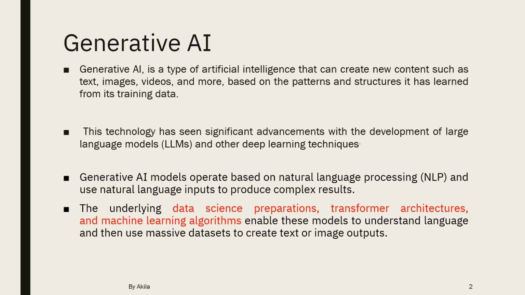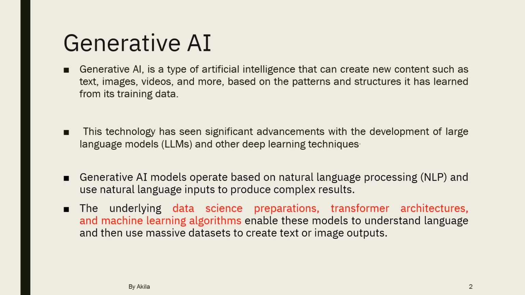In the same way, there is an opposite: the small language model, which is focused on specific tasks with less data. So SLM is there, LLM is there, which uses deep learning techniques to generate new content. Generative AI models operate based on natural language processing and use natural language inputs to produce complex results.